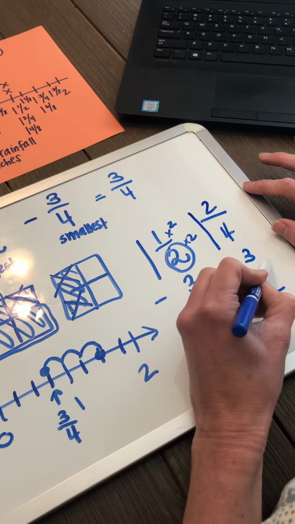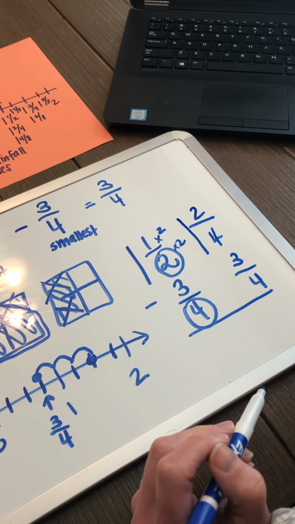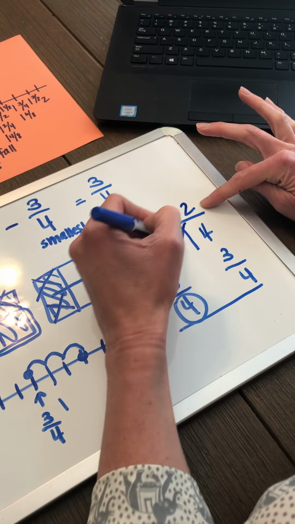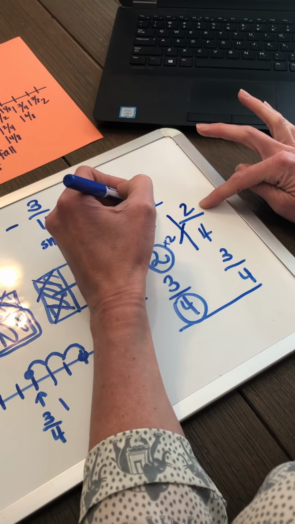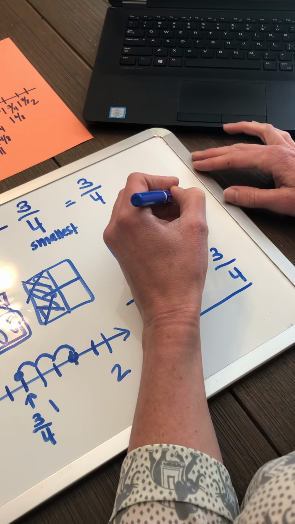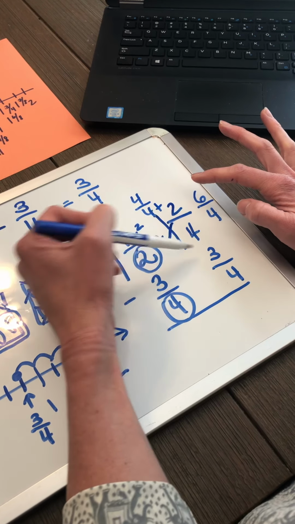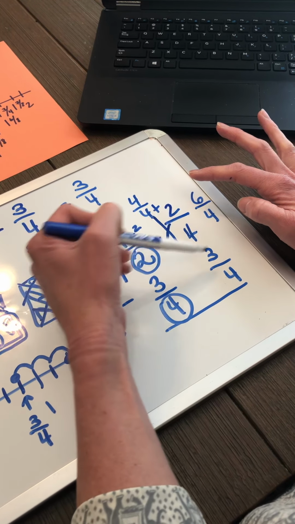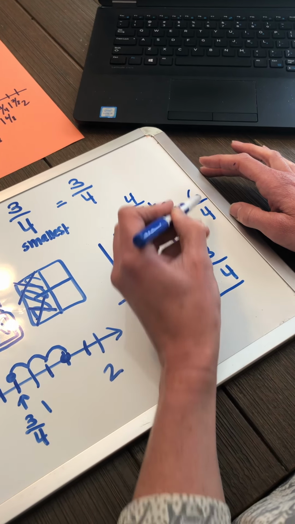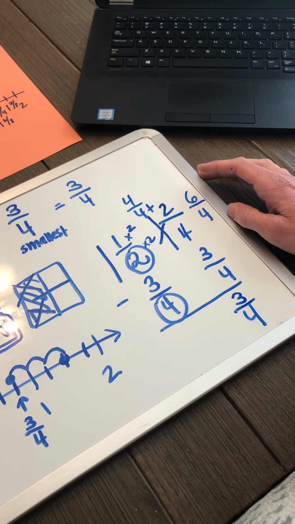So I could subtract 1 2/4 minus 3/4. I need to take away 3/4 and I only have 2/4, so I could rename 1/2 as 4/4. And I know that 4/4 and 2/4 is 6/4, but I also know that 6/4 is equivalent to 1/2 and 2/4 anyway. And then I could subtract my 3/4, so 6/4 minus 3/4 is 3/4.